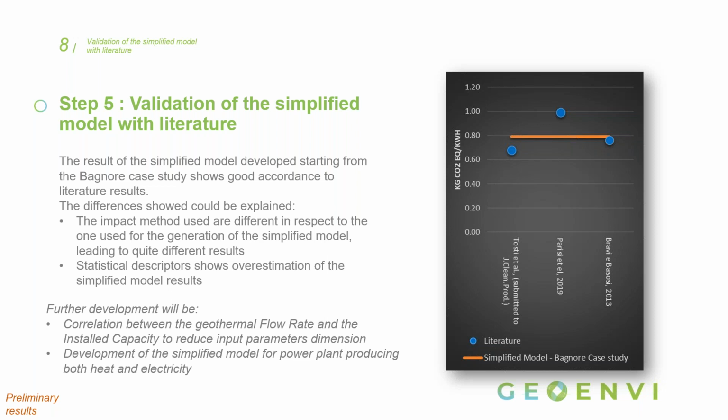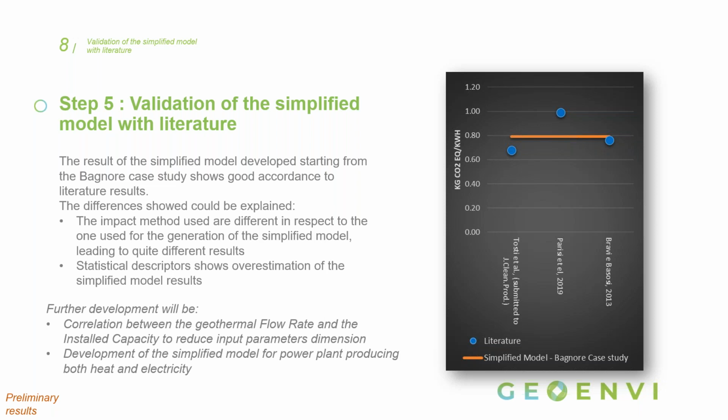Something that needs to be clear is that this kind of model is very site specific, because it takes into account at least the key variables. One key parameter selected is the content of non-condensable gas, so this parameter is very site specific. This is very important for this simplified model.